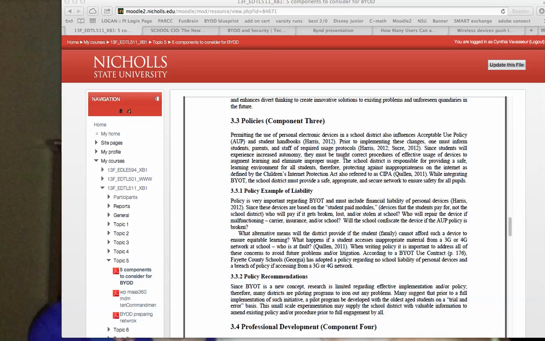Now, you guys have already updated your acceptable use policy for another class, but what we're going to talk about here is the student handbooks and what we would have to change if we were going to implement a BYOD program. So some of the things that I want you to think about are right here: who will pay if the technology that the students bring themselves gets broken or lost or stolen at school?